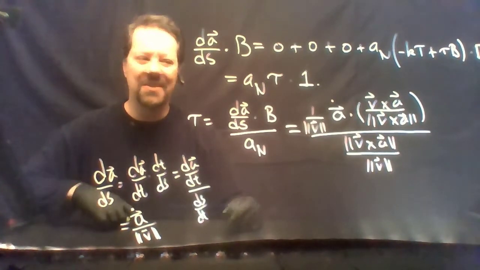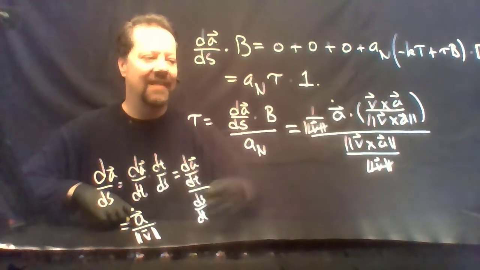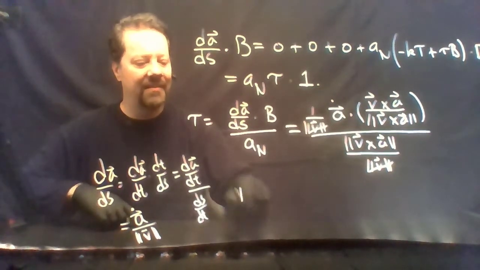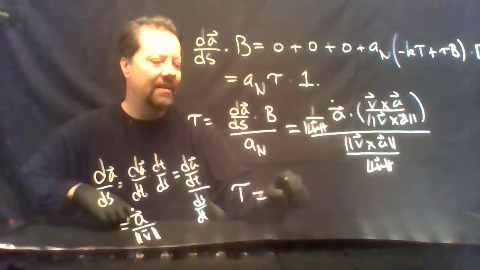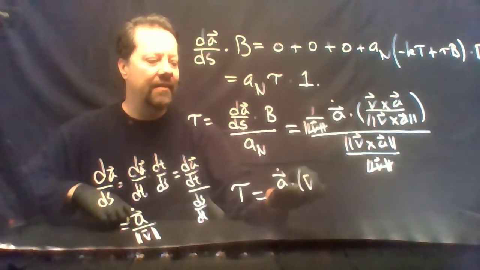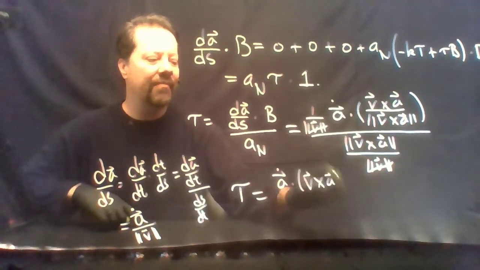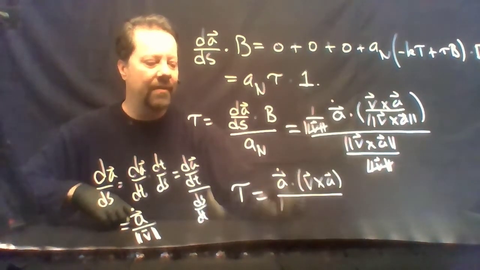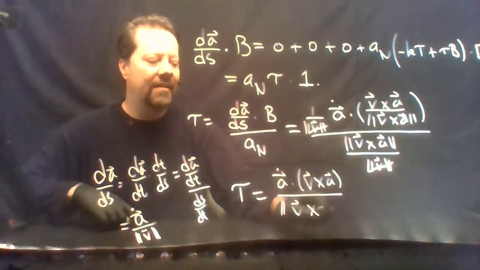What does this all reduce to? These norms of v cancel. We get the torsion is the jerk dotted with v cross a over the norm of v cross a squared.